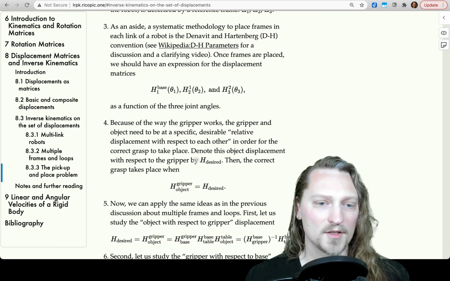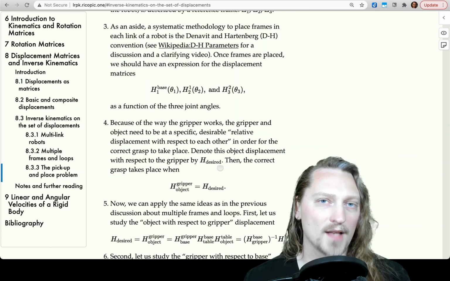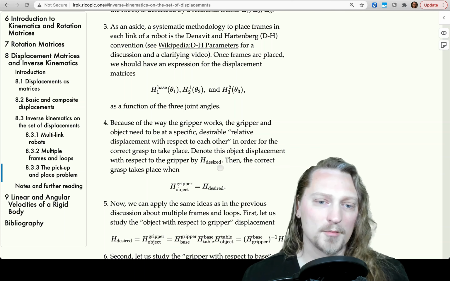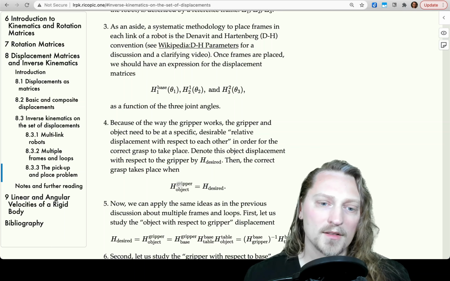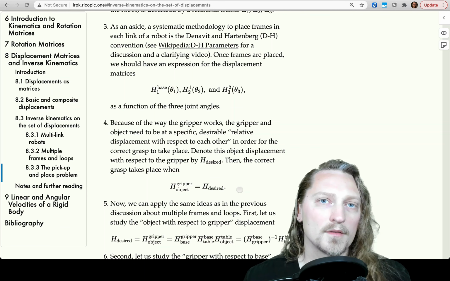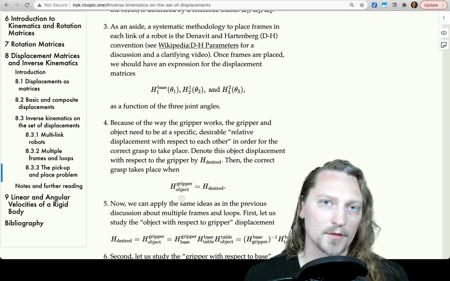So denote this object displacement with respect to the gripper as H desired. That's the desired displacement between the object we're picking up and the gripper. Then the correct grasp takes place when H object to gripper is H desired. So the position of the object relative to the gripper is equal to H desired.